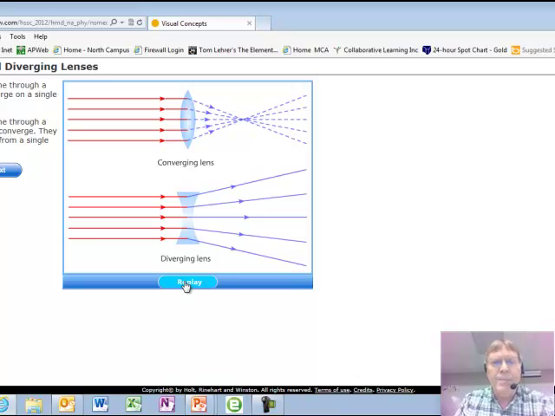Okay, now just a couple of things there. First of all, she talked about the converging lens being thicker in the middle than it is near the ends. That's really the edges. Most lenses are round, or at least somewhat round in shape. If you think about glasses lenses, those are somewhat circular in shape.